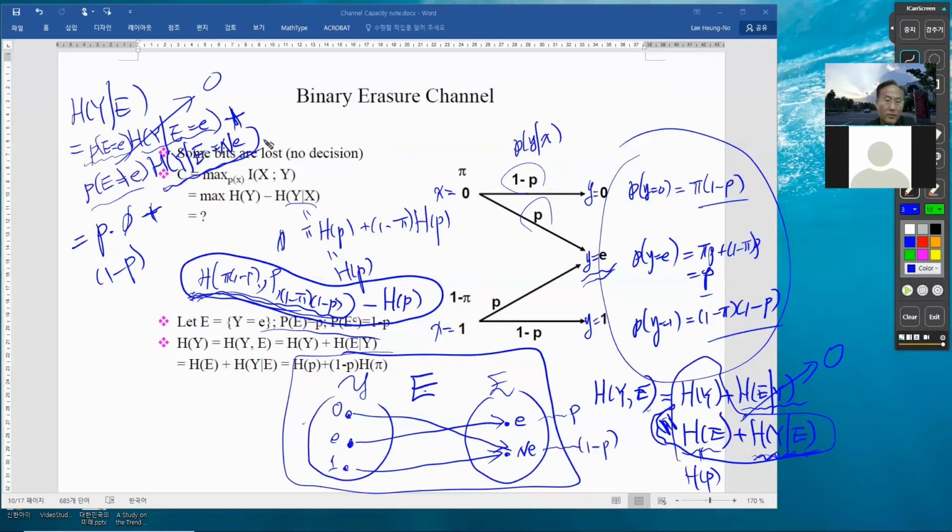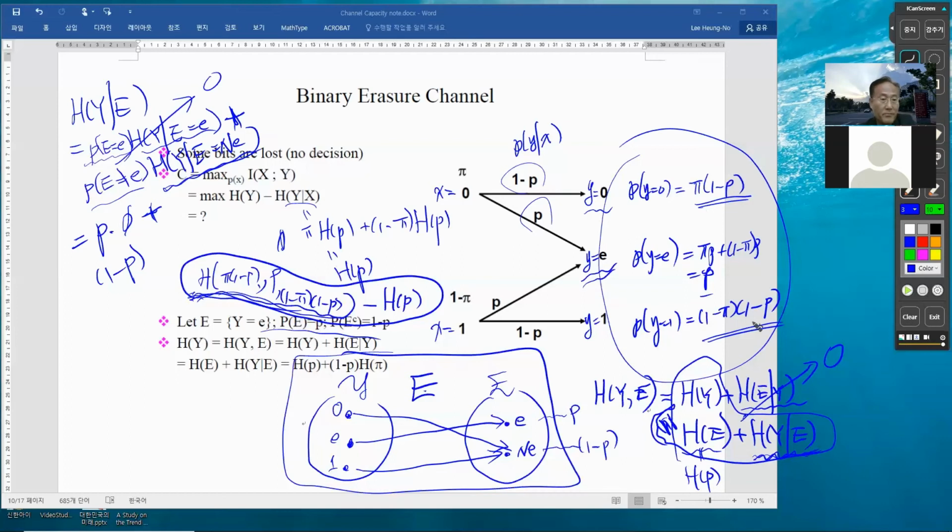So entropy on Y is basically, Y is equal to 0, which is this one, and Y is equal to 1, which is this one, with this probability.